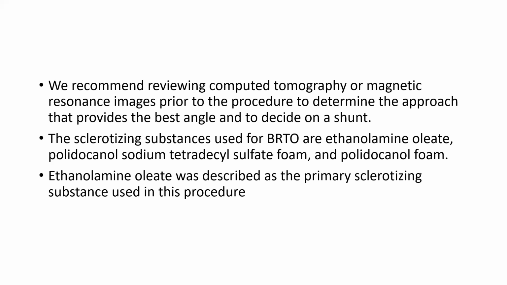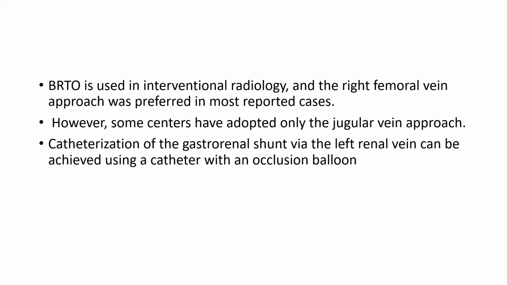The sclerosing substances used for BRTO are ethanolamine oleate, polidocanol, sodium tetradecyl sulfate foam, and polidocanol foam. Ethanolamine oleate was described as the primary sclerosing agent used in this procedure.